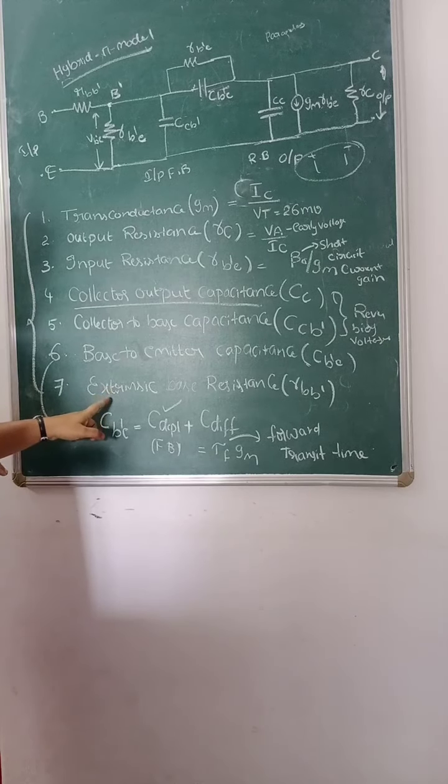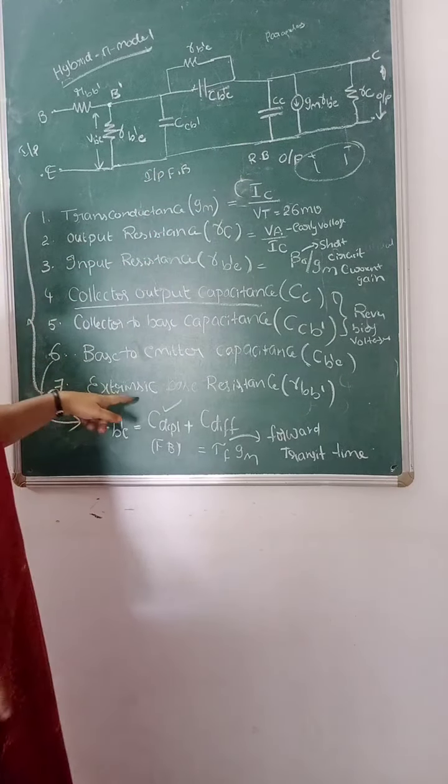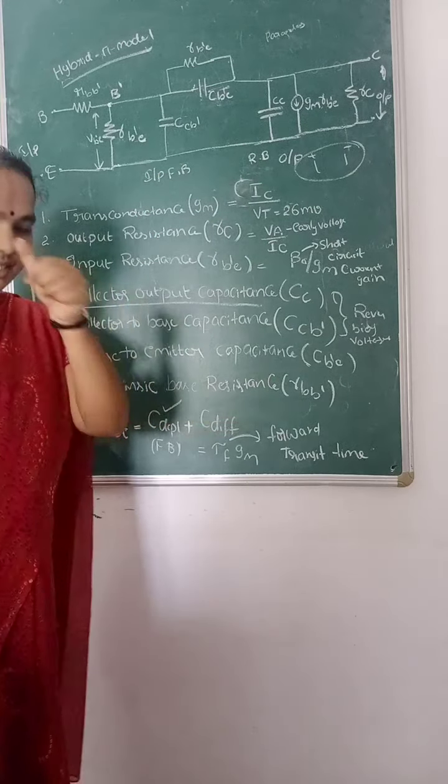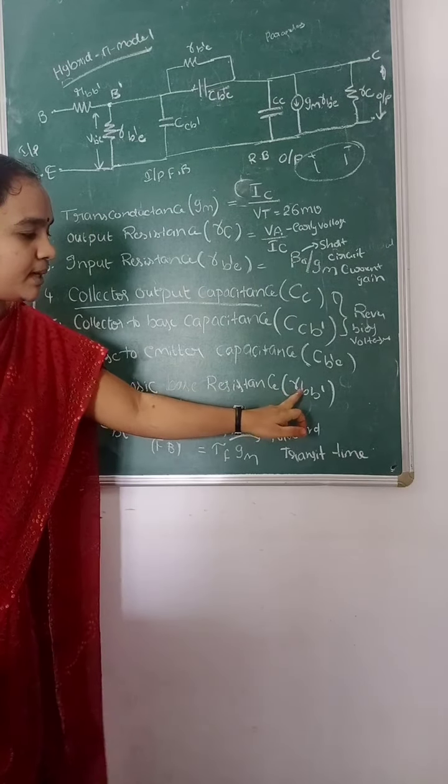And the last parameter or element in this hybrid pi model is the extrinsic base resistance. This is represented with the letters RBB dash.